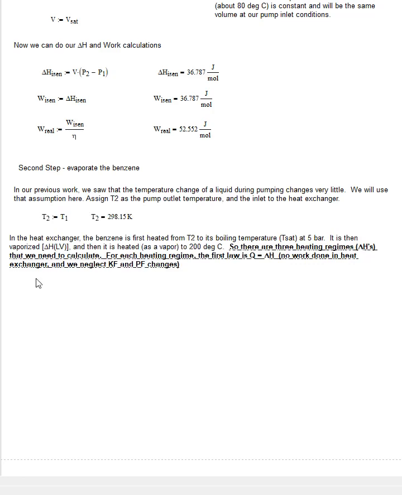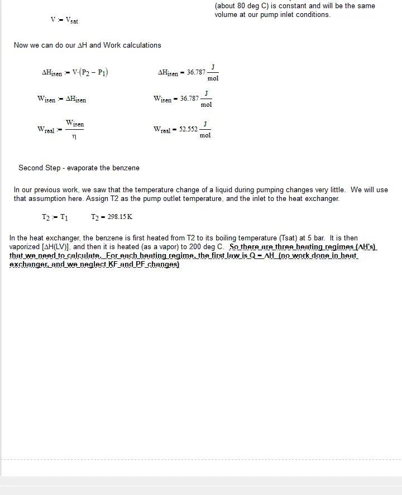And the third step is heating the saturated vapor to a superheated vapor at 200 degrees C. For each of those steps, our first law is just Q is equal to delta H for that particular step, because in heat exchangers we have no shaft work being done, and we neglect kinetic and potential energy changes. And we are also told, of course, that it is steady state.